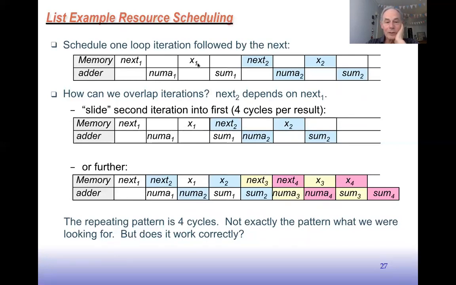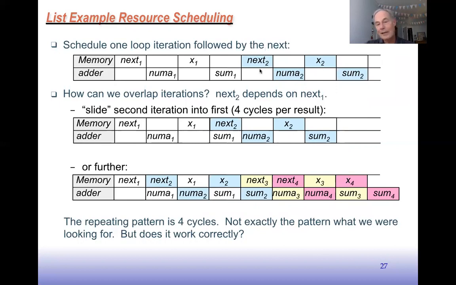So we're going to lay out one iteration of the loop here. So here we fetch next, then here we form NUMA based on that next value. And then here we fetch X based on the NUMA value. And then here we compute sum based on that X value. Right? And then here could be another iteration like this.